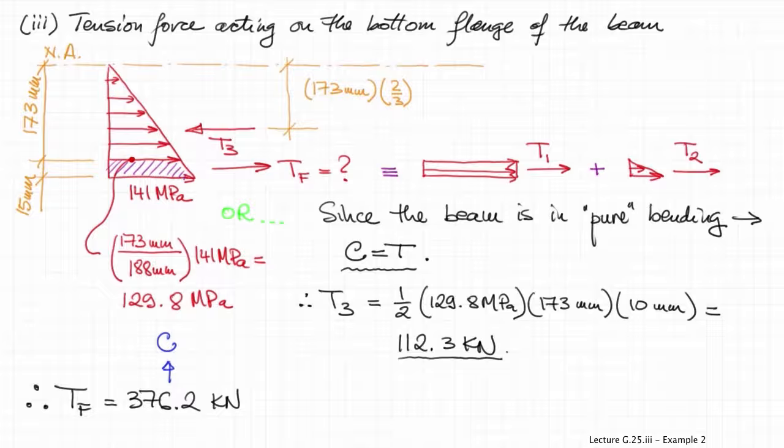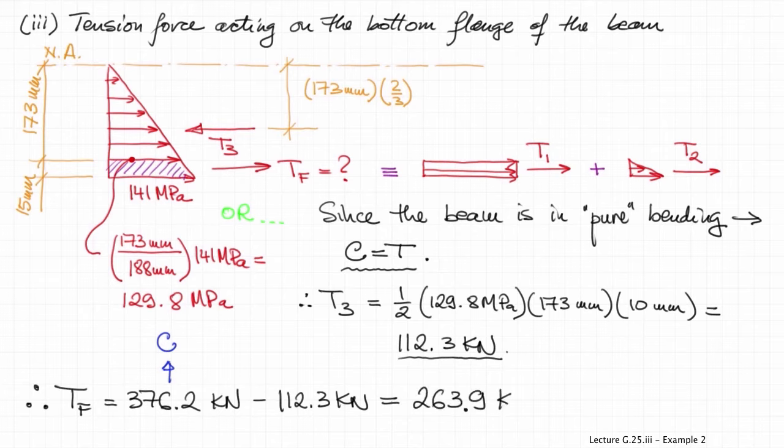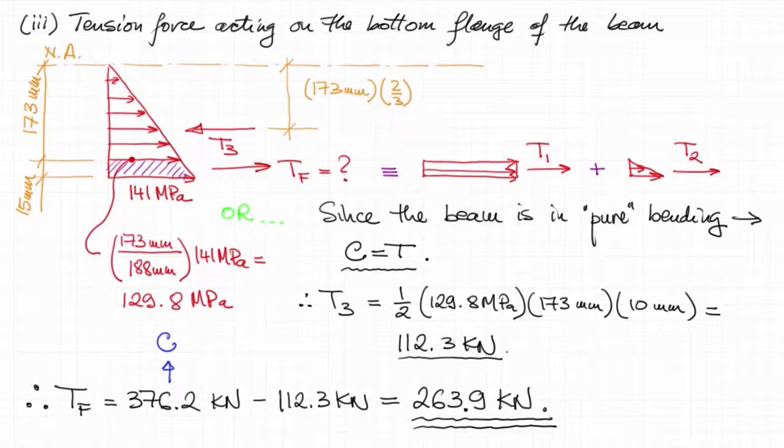And now, finally, as mentioned, we can calculate the tension force acting on the bottom flange of the beam by subtracting T3 from the total C, and the final result will be 263.9 kilonewtons. So this would be, again, another typical question related to stress block.